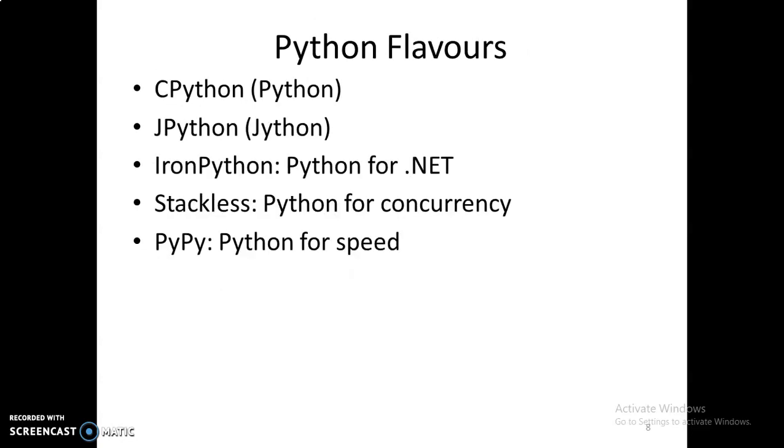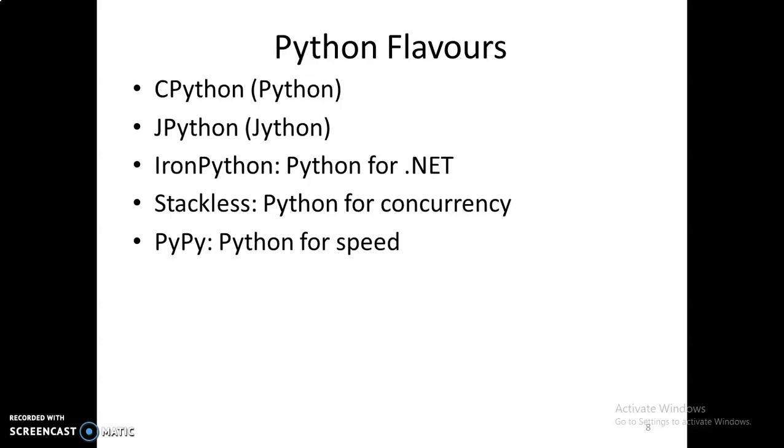Now, Python comes in various flavors. I'm just mentioning a few standard flavors. CPython is there. You can call it CPython or simply Python. Then JPython or Jython. IronPython is the Python you can work with in the .NET framework. JPython or Jython is the Python which you work with in the Java framework. And CPython derives its name because Python has been written in C language.